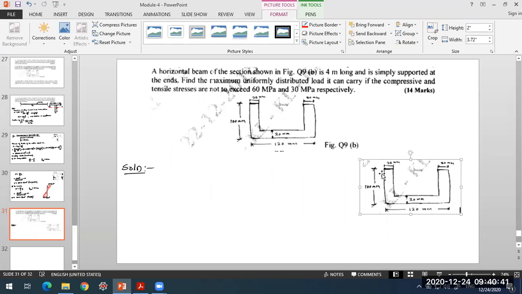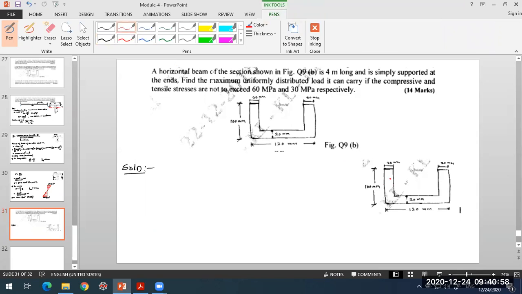So the thickness is 20 mm, and these two areas, they are of 100 mm depth. We'll mark the areas over here. So let us say we'll call this as A1, A2 and A3.